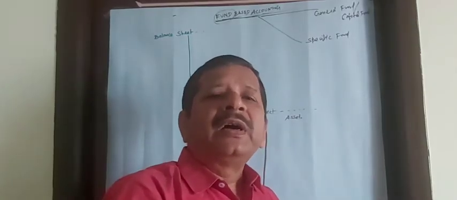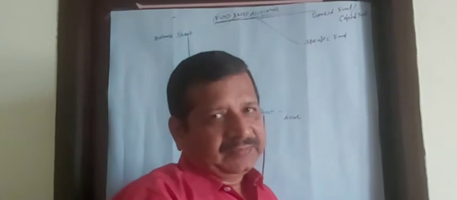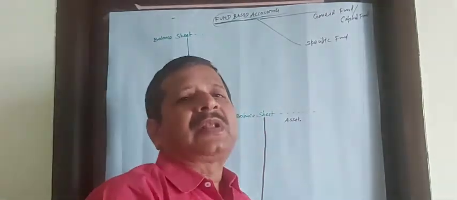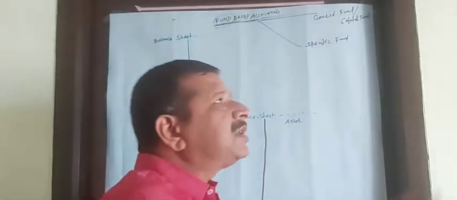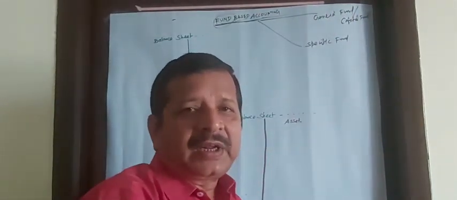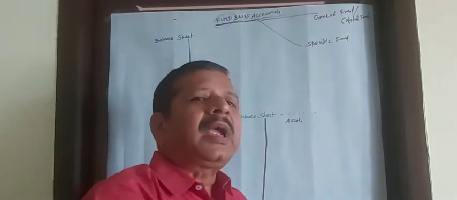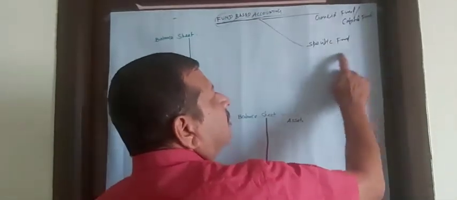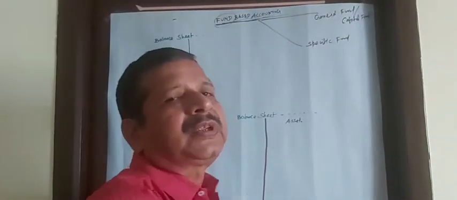The day-to-day expenses will be met from the money called the general fund. It can be used for any day-to-day purpose. Another fund, another money, is called the specific fund.